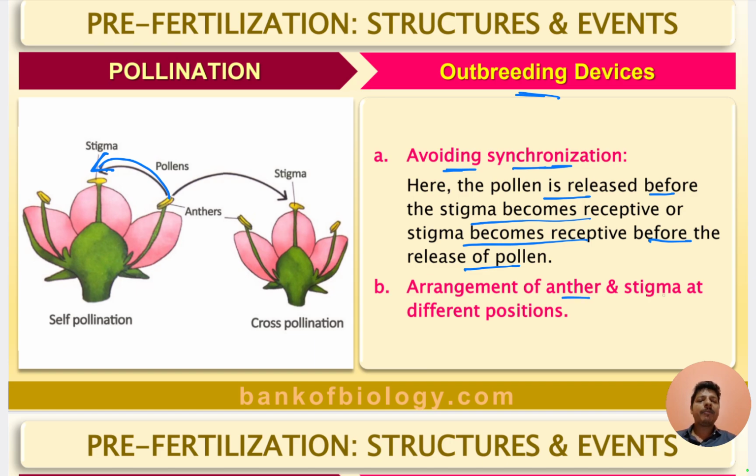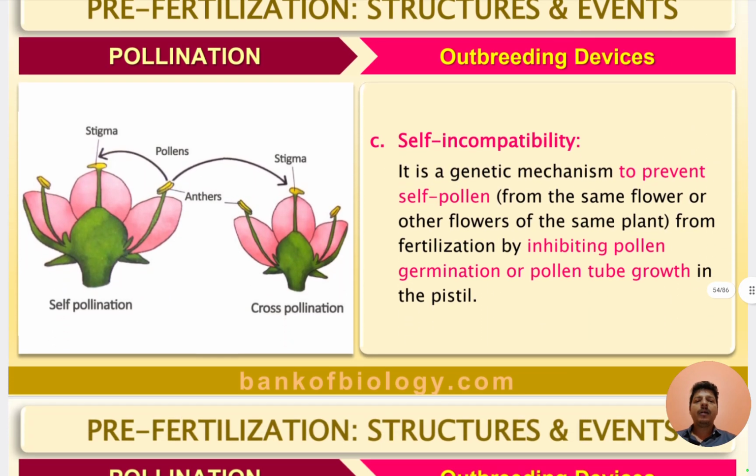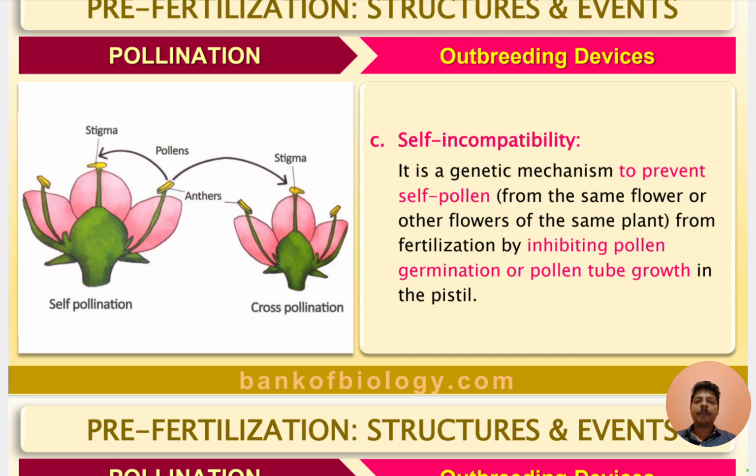Second, arrangement of anther and stigma in different positions. This can also be a type of outbreeding device. Third, self-incompatibility. Self-incompatibility is a genetic mechanism to prevent self-pollen from the same flower or other flowers of the same plant from fertilization by inhibiting pollen germination or pollen tube growth in the pistil.